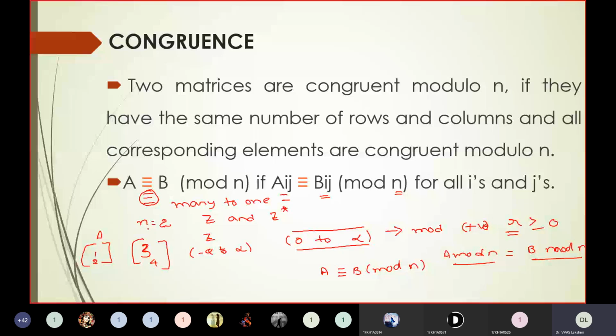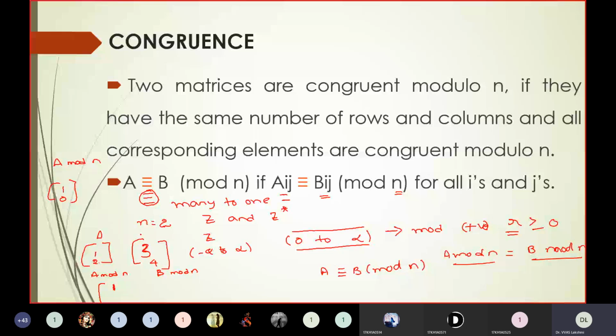First, 1 is divided by 2. What is the remainder? 1. Then 2 is divided by 2. What is the remainder? 0. So this 1, 0 is the matrix we get when the A mod n operation is performed.